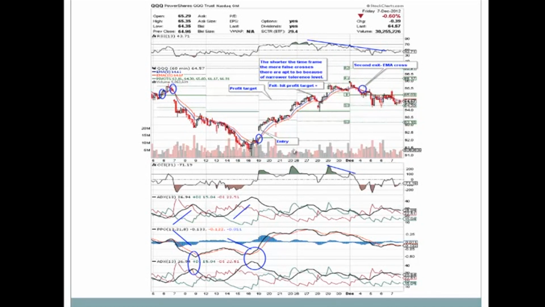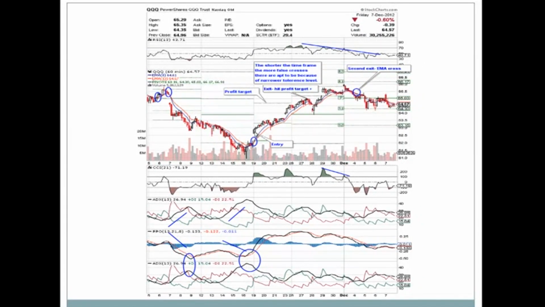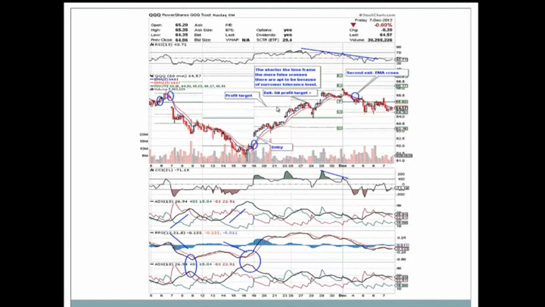I've made a note, and had we set a target, we entered here, and as the trade was proceeding, we could have used this area of R2 as our profit target, and this would be the area that we were considering getting out, when it hit the area of, say, 64.57.